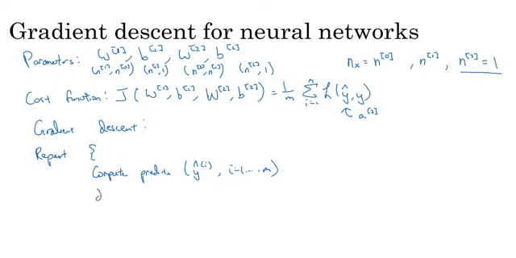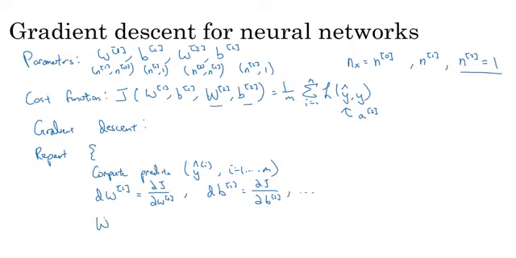You need to compute dw1, the derivative of the cost function with respect to the parameter w1. You need to compute another variable, db1, which is the slope of your cost function with respect to the variable b1, and so on. Similarly for the other parameters w2 and b2.